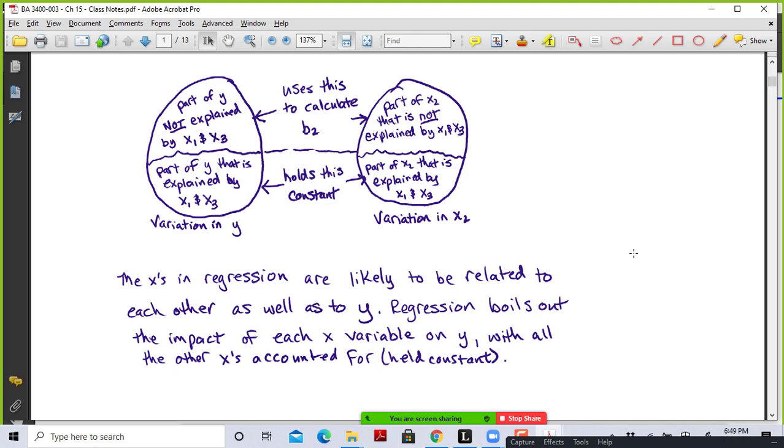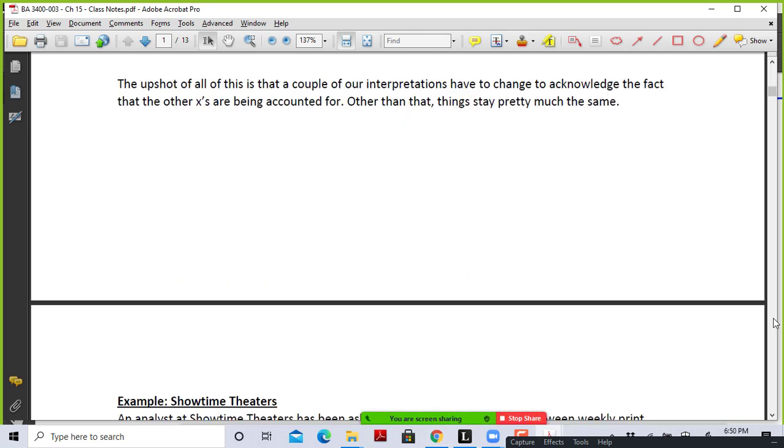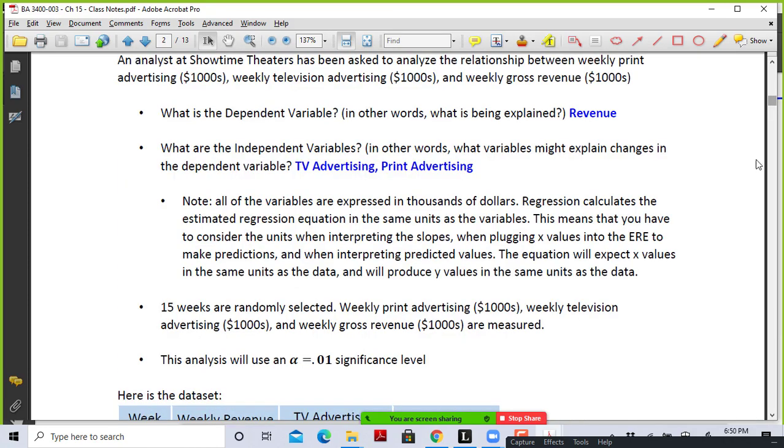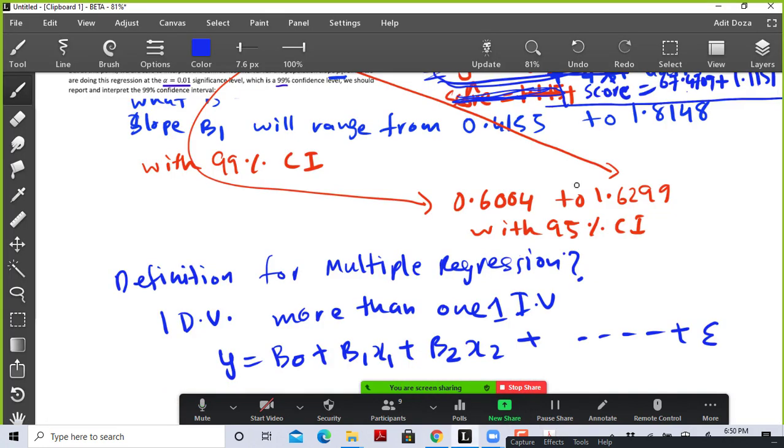There is one more thing for a multiple linear regression. Since there are 3 variables, let's write an equation.